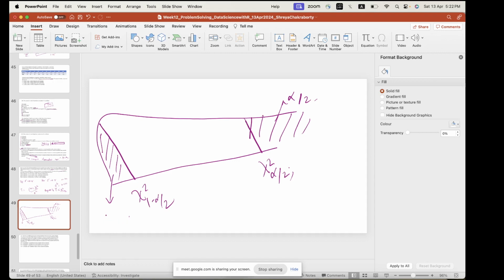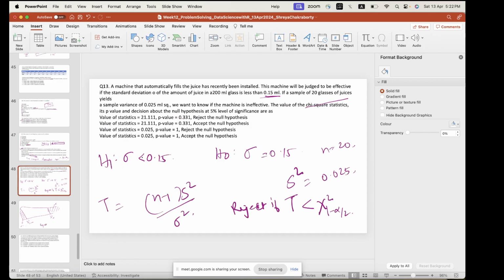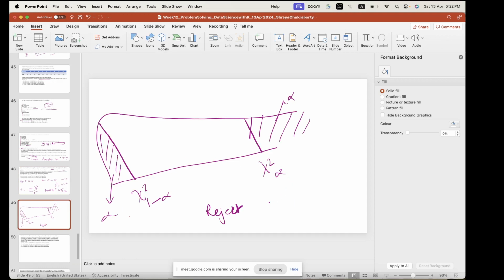If I just write it as alpha, the area below this point is alpha and the area above this point is also alpha, but they are not symmetric, since this is a positively skewed distribution. So the rejection rule will be, since sigma is less than 0.15, reject if t observed is less than chi-square 1 minus alpha, and the df is n minus 1.